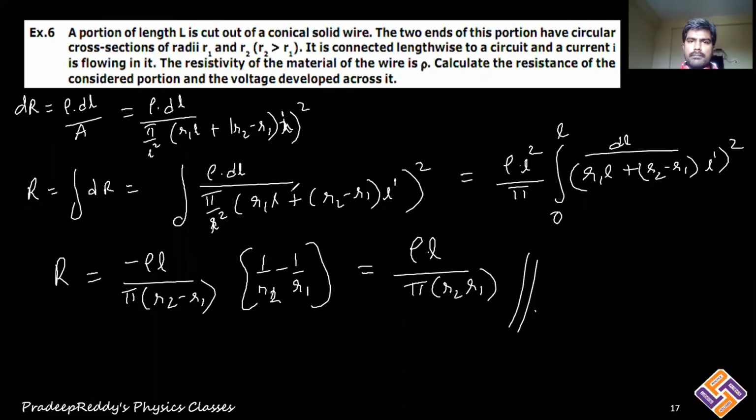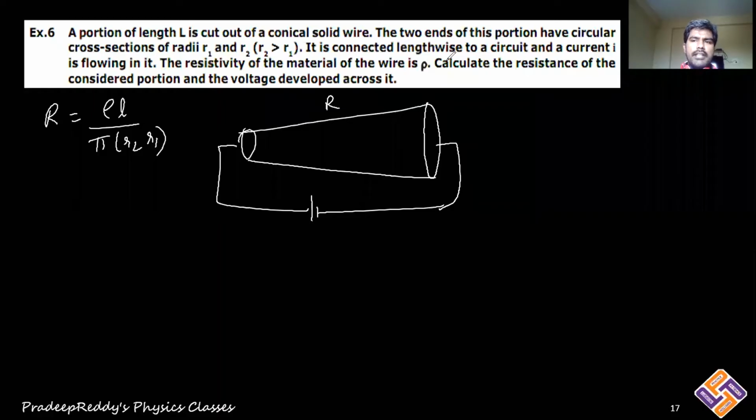You should do that. After calculating resistance, you should now find the voltage of the conductor. We know that voltage V is equal to I into R. The total resistance of the conductor we have already calculated, that is R equals rho L by pi R2 R1.